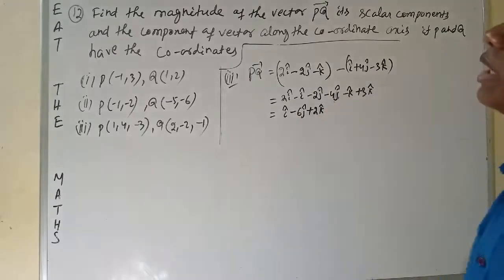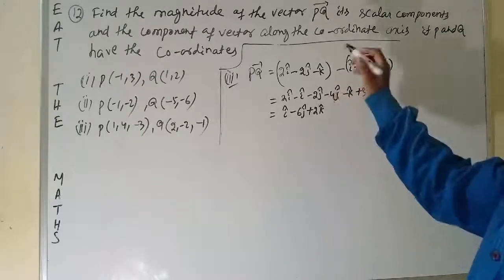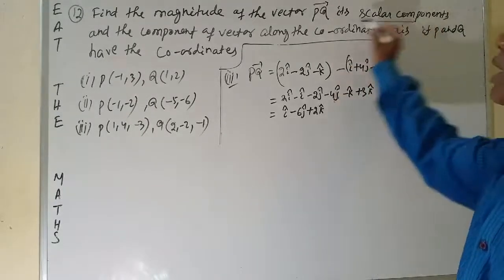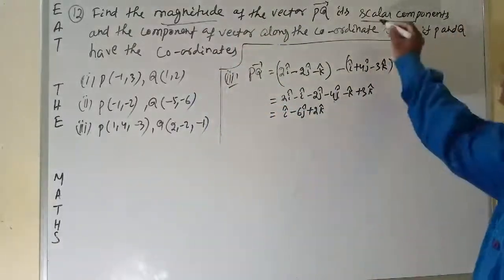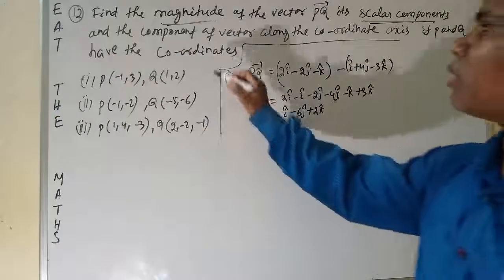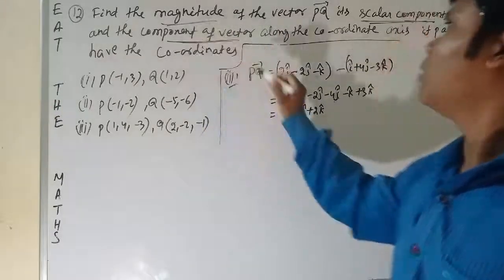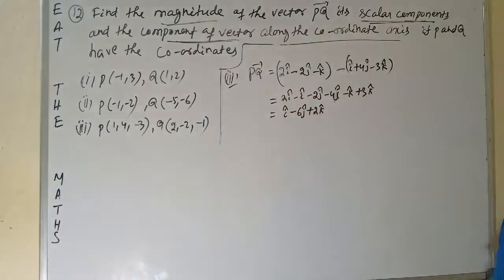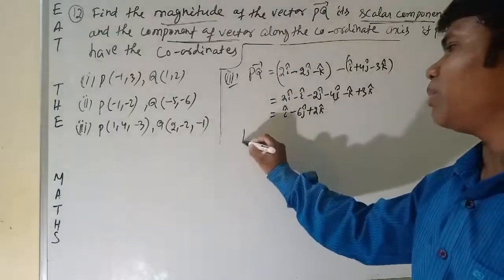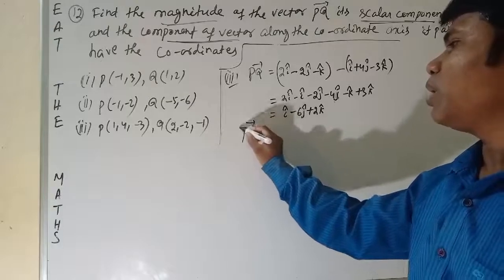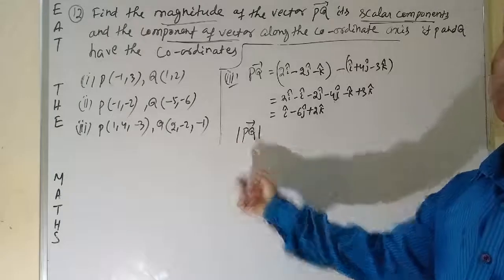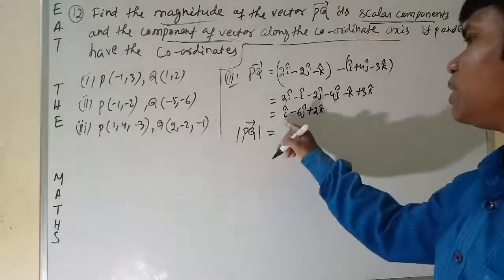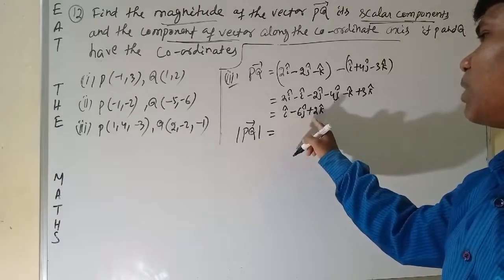You see here given: the magnitude of the vector PQ, its scalar component. At first we have to calculate the magnitude, then the scalar component, then the vector component. So at first you calculate the magnitude. Earlier I have discussed how to calculate magnitude. Magnitude of PQ is the root of i cap minus 6j cap plus 2k cap.